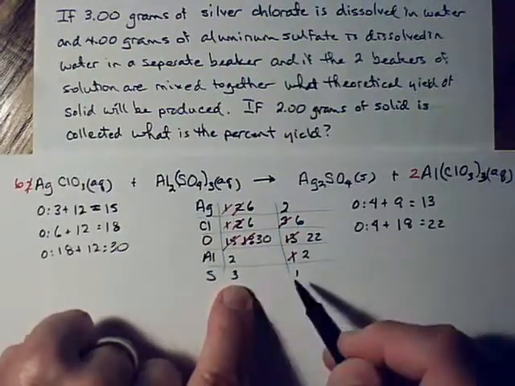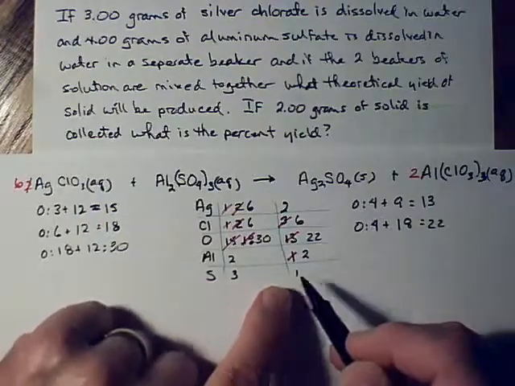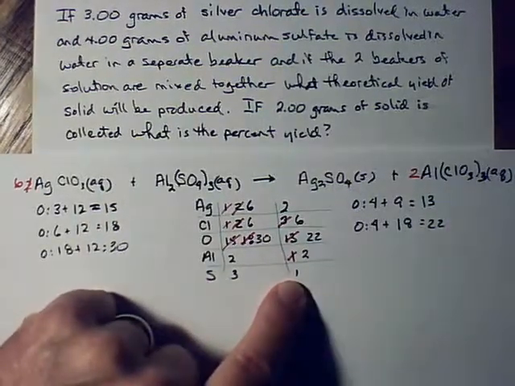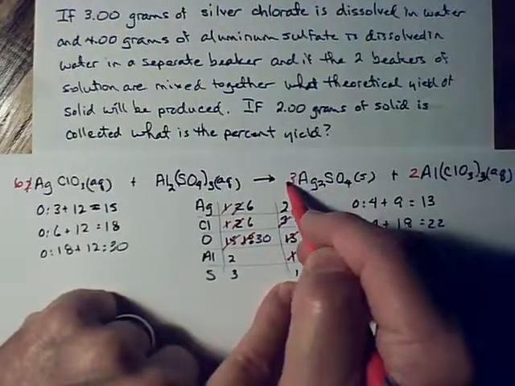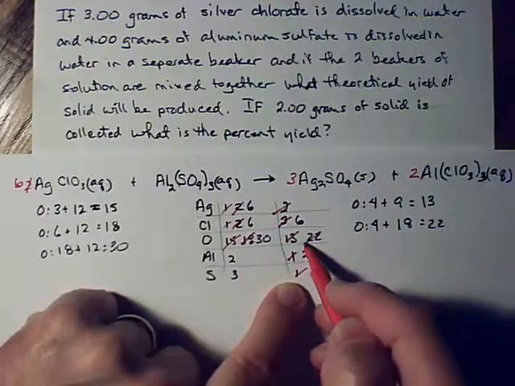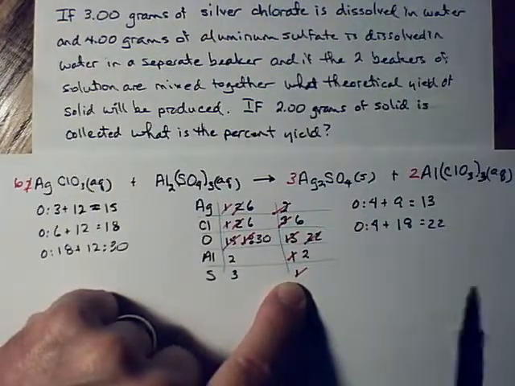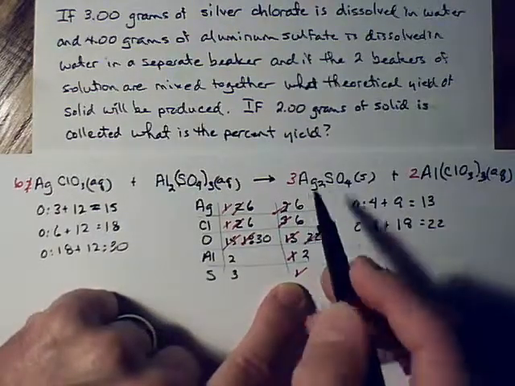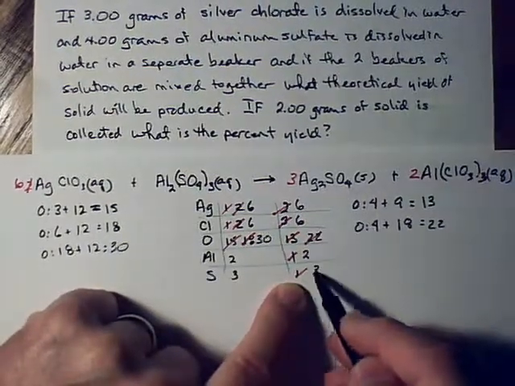So we're going to go down here to the sulfur where I've got 3 and 1. I need to put a coefficient 3 in front of the species that contains the sulfur. And that changes the number of silvers, sulfurs, and oxygens. So I have 3 times 2 silvers, that's 6. 3 times 1 sulfur, that's 3.